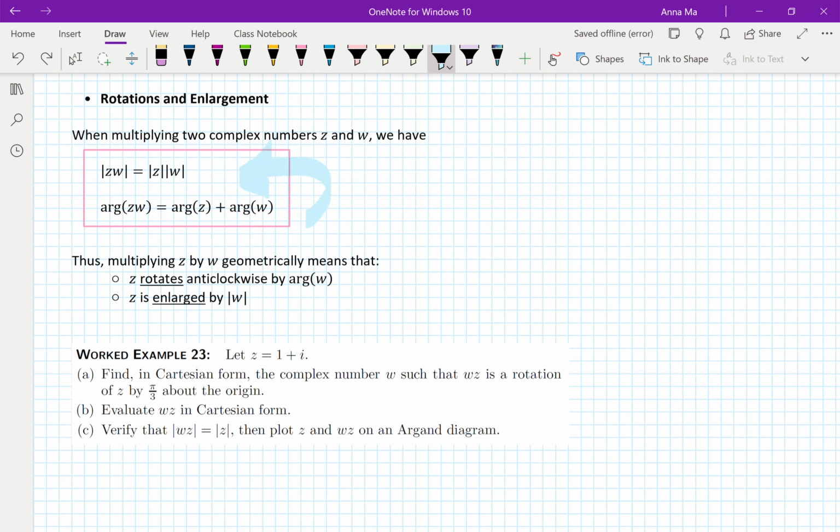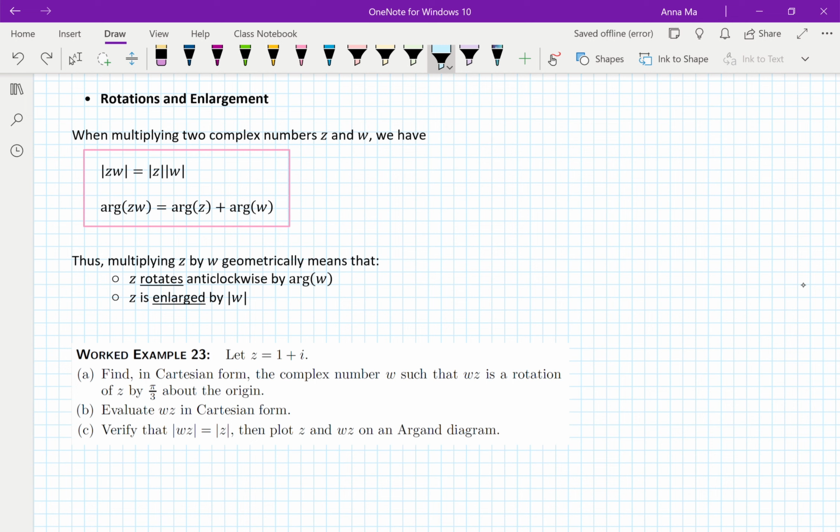And to understand these 2 dot points geometrically, that just means that if I multiply z by w, then z would be rotated anti-clockwise by the argument of w because I'm adding on that angle, which means I am rotating by that angle anti-clockwise.